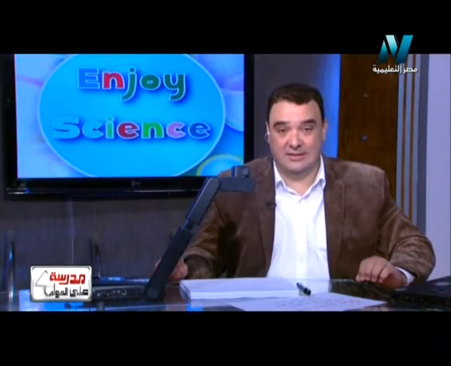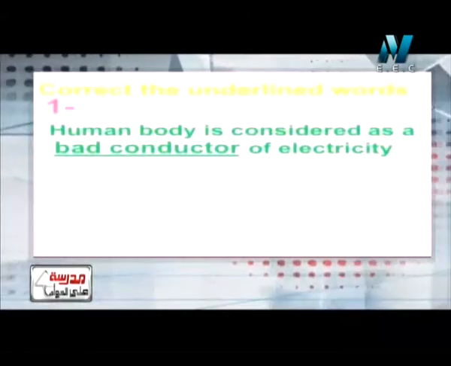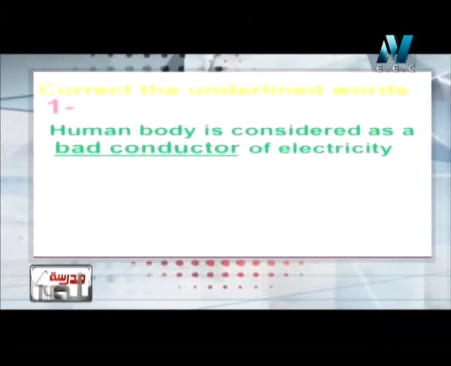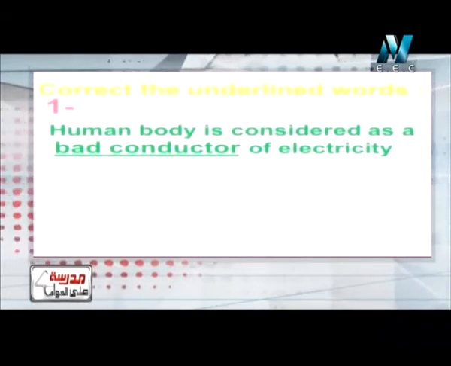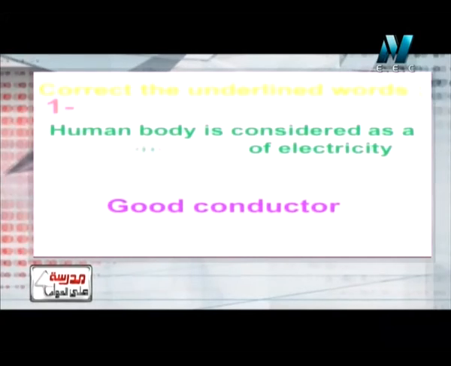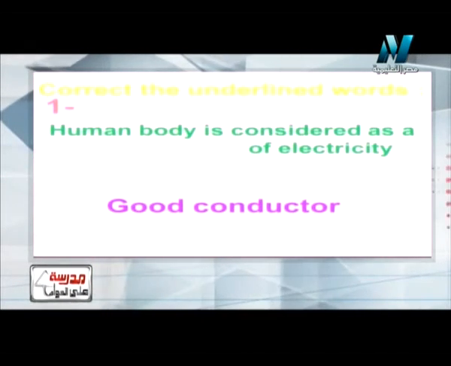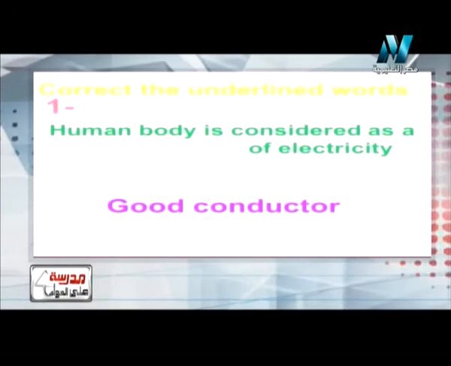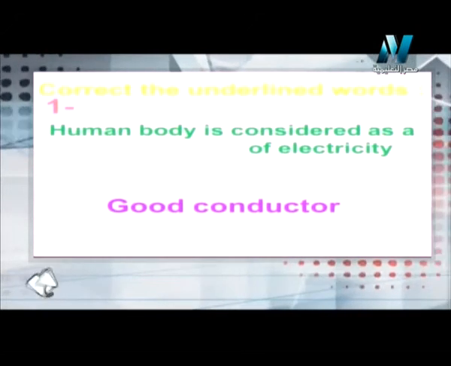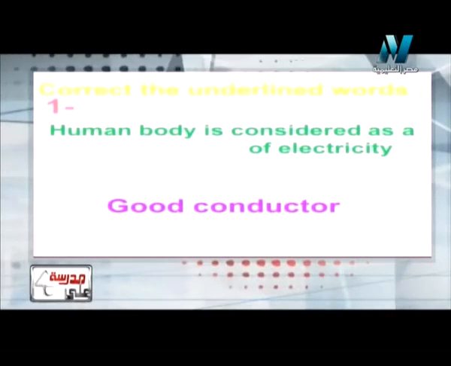So the first question says that the human body is considered as a bad conductor of electricity. The answer is that the human body is a good conductor, not an insulator of electricity.